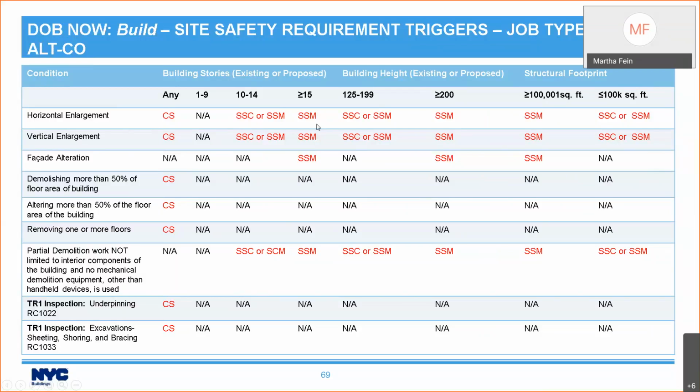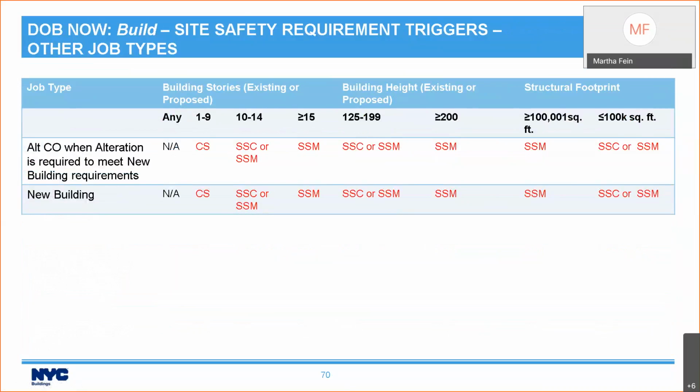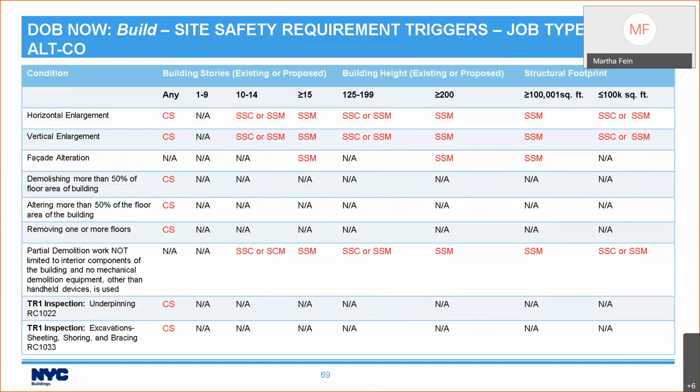So you can use this chart to determine if a site safety plan is needed, and if so, what site safety personnel is required. That's for Alt-CO, and that in fact is the same chart as for alterations. So if you already have that, it's the same chart.